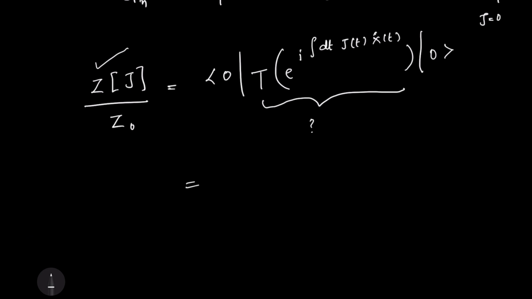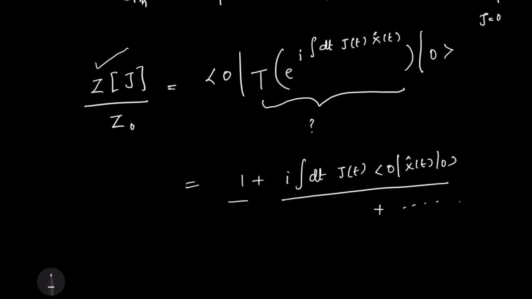So this can be 1 plus i integral dt j of t, time ordering of x of t, plus etc. So the power series expansion in the exponential is a polynomial, and each object of the polynomial can be time ordered.